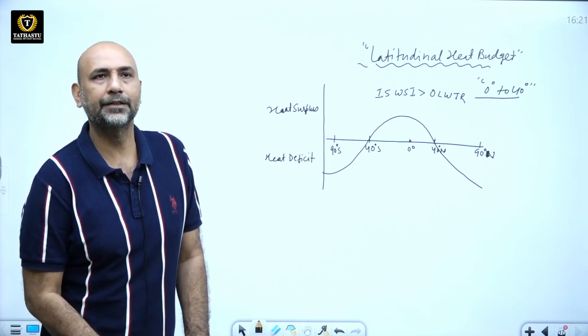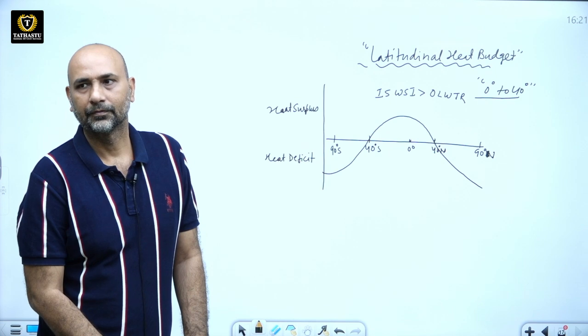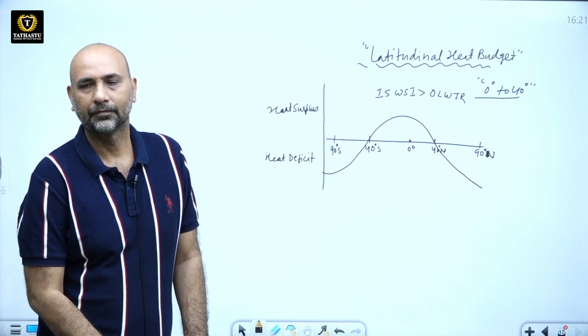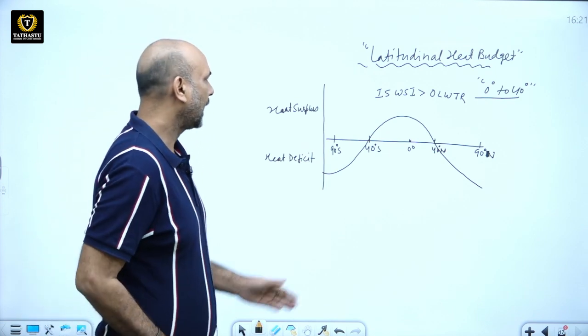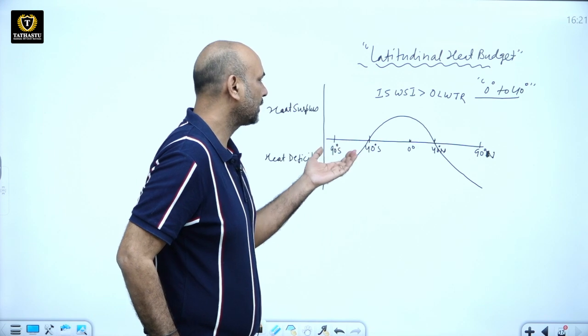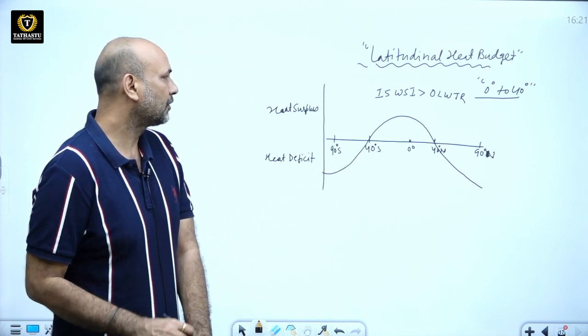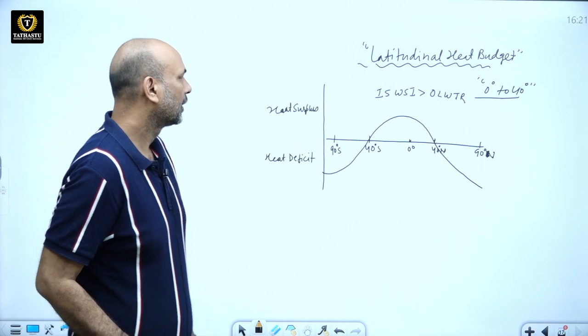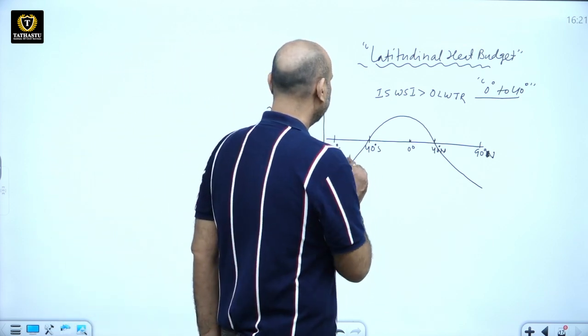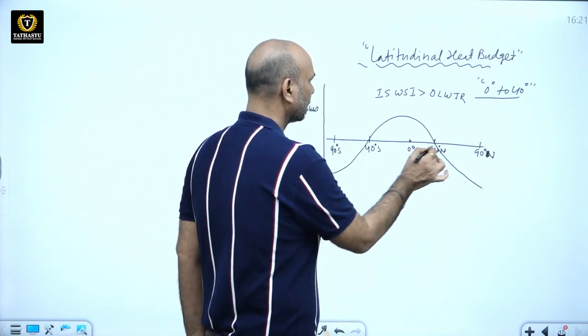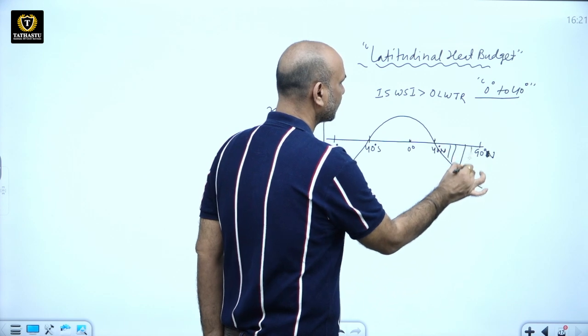So it is heat surplus zone. And in high latitudes from 40 degree to 90 degree, means 40 degree north to 90 degree north, 40 degree south to 90 degree south, we have heat deficit. This zone is of heat deficit.